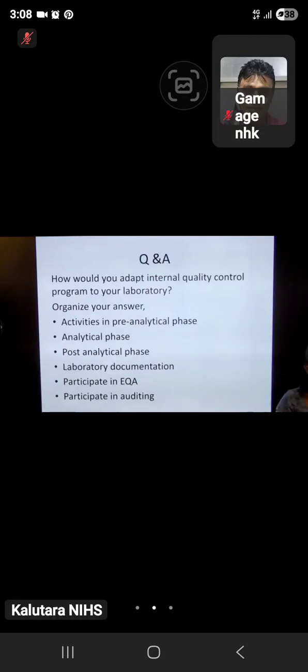In addition to that, you have to mention the laboratory documentation, participate in EQA, participate in audit. In addition to what I have written, safety protocol: we have to follow the safety protocol to prevent laboratory acquired infections. So same thing.